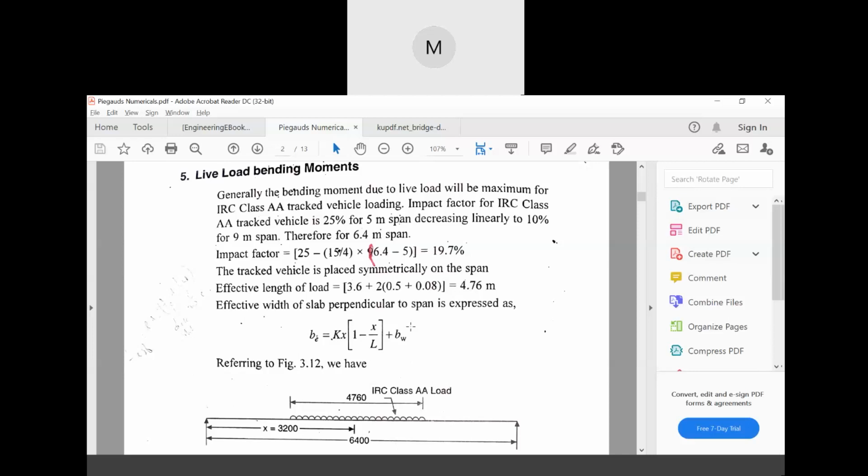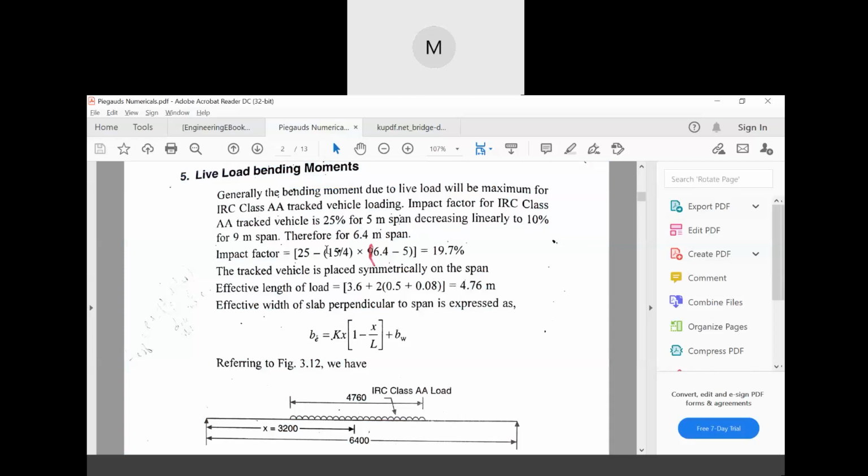Generally, the bending moment due to live load will be maximum for IRC class AA track vehicle loading. Now, remember this impact factor for IRC class AA track vehicle is 25% for 5 meter span, decreasing linearly to 10% for 9 meter span.